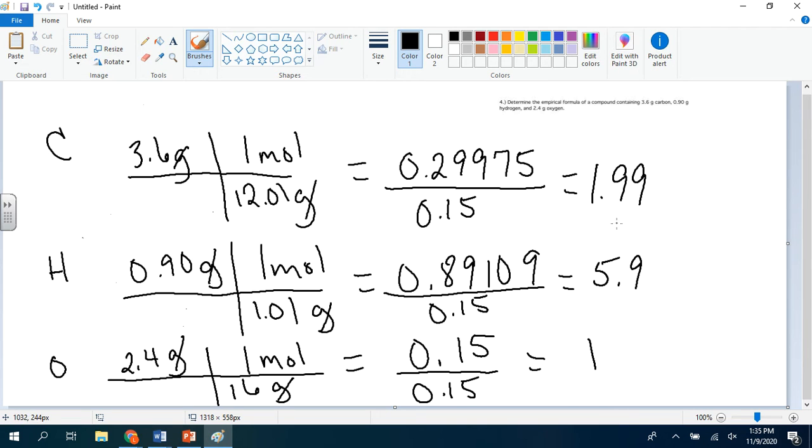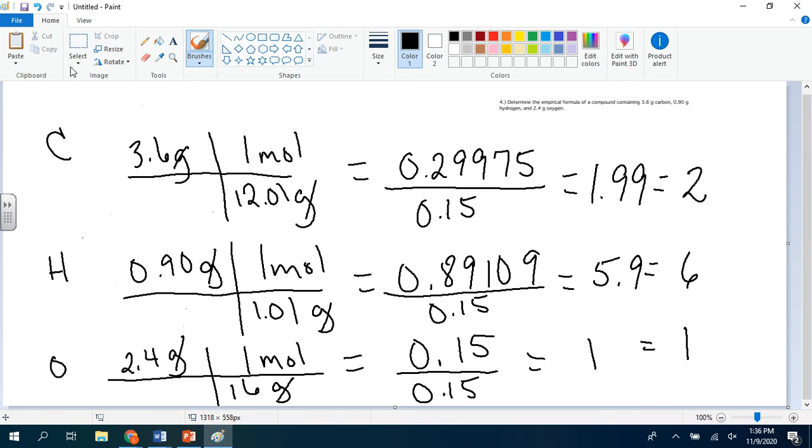All right. But I'm going to tell you, sometimes you have to use your judgment. If your number comes out to be 0.9, like these, it's okay to go ahead and call this 2. It's okay to go ahead and call this 6. And this one is 1. They do have to be whole numbers, but if it's 0.9 or 0.0, so if I had divided these and gotten 5.01, I could leave that at 5, okay? So the only time it's okay to round to whole numbers is if it's 0.9 or 0.0, okay?